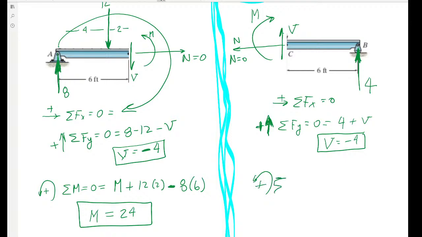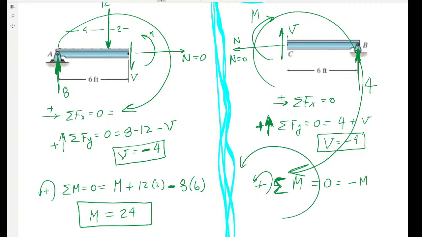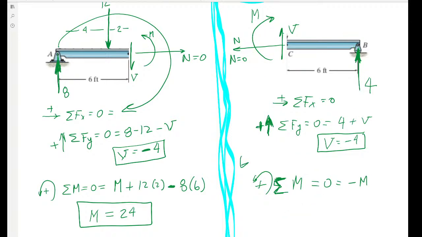Sum of the moments, it's an ugly looking summation symbol. Sum of the moments equaling 0 about the same C point. Equal to, now this time my moment is drawn this way and positive is this way. So it turns out I get a minus.